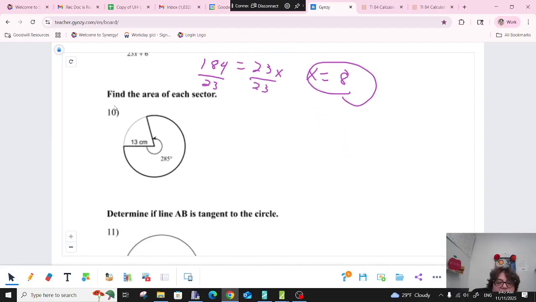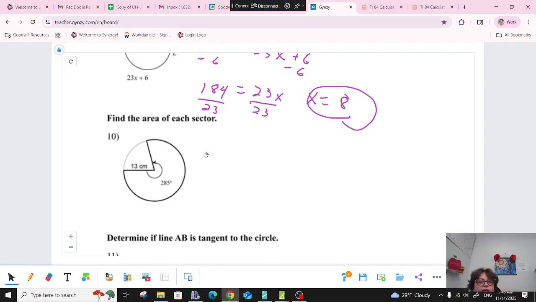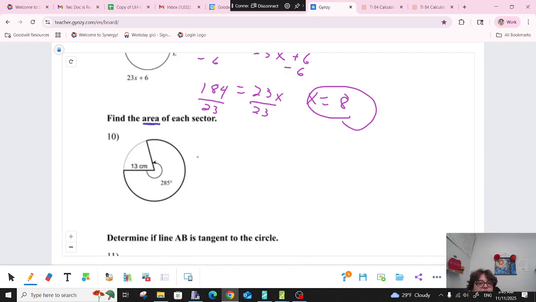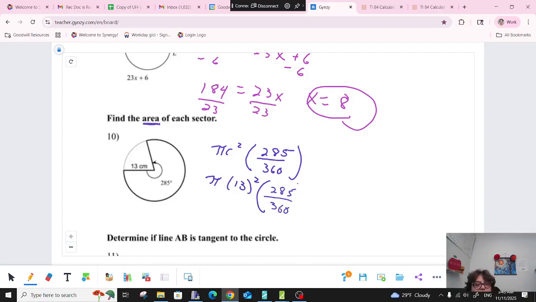Okay, and then this one was the formula we learned yesterday, which is wanting area. So the area formula for a circle is pi r squared. However, we're not doing the total area, we're doing a partial area. So that'd be 285 over 360. So pi times 13 squared, 285 over 360.